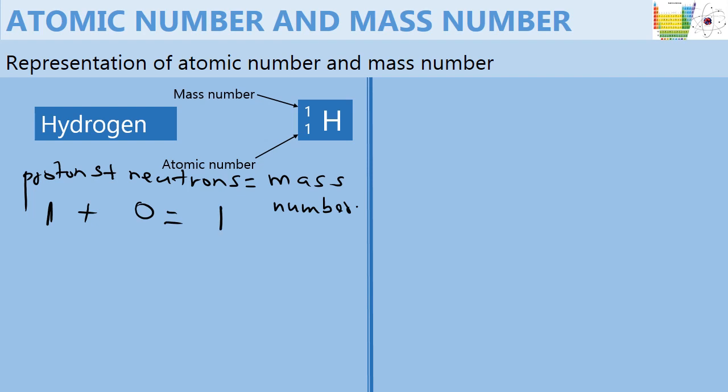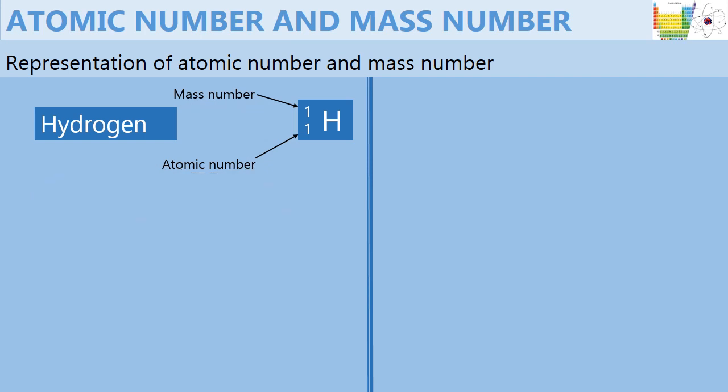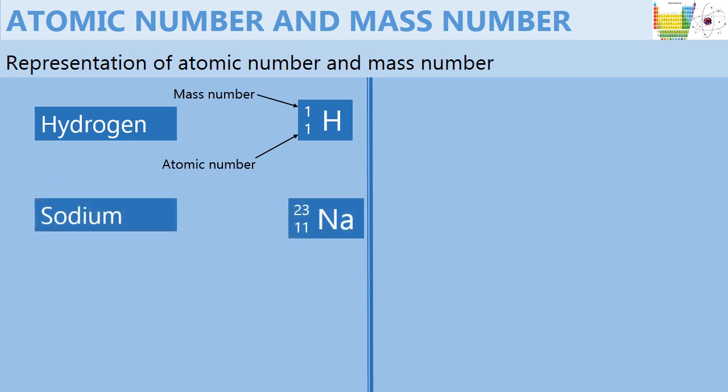And therefore, in this symbol, mass number is represented as 1 and the atomic number is also 1. For sodium, we also calculated the mass number as 23, which is here, and the atomic number as 11.